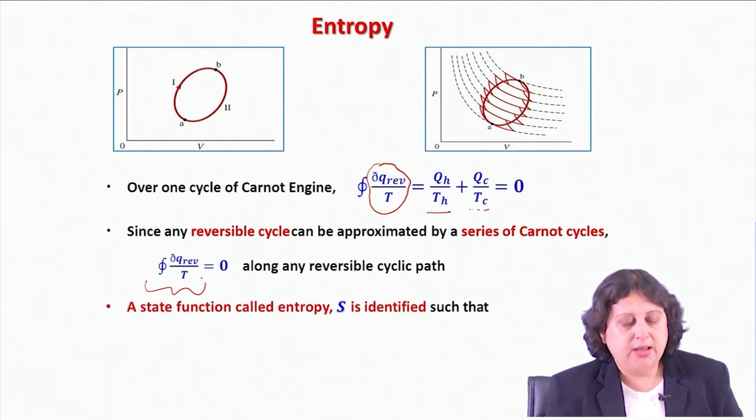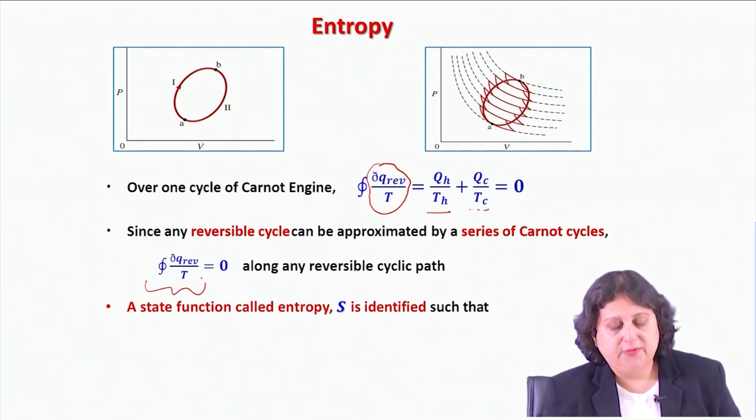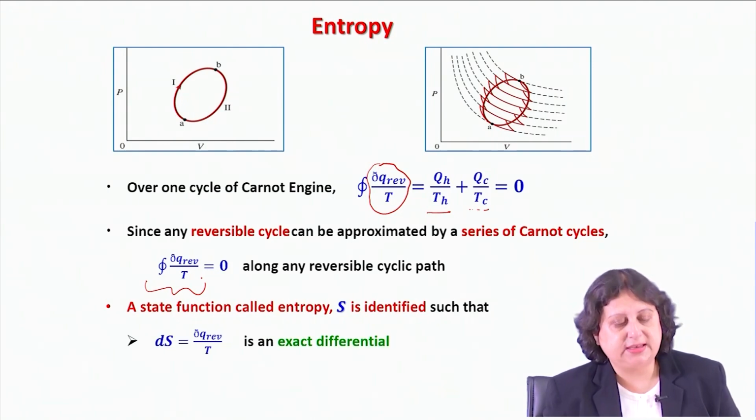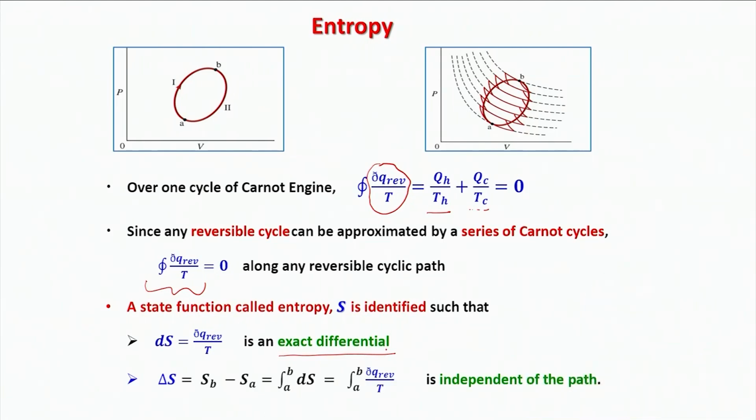And therefore, I conclude that we now have at hand a state function called entropy, which is identified such that dS is dq reversible by T and it is an exact differential. And what is delta S? I have delta S as the final value of S minus the initial value of S during a change in state from A to B, and this is given by the value of this integral.